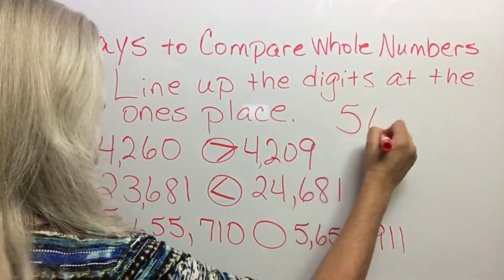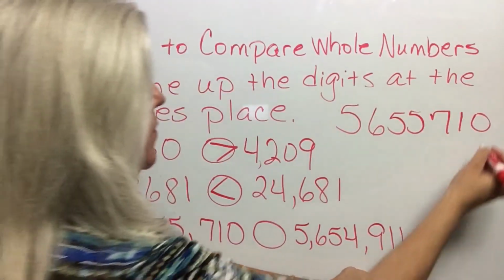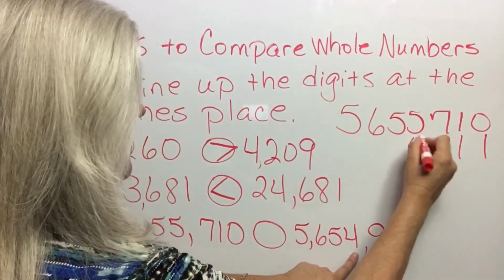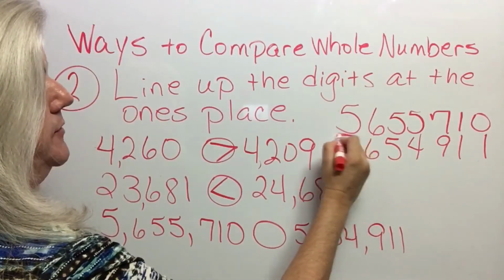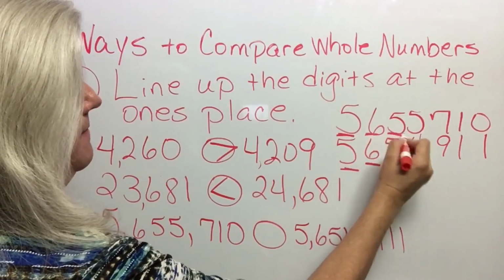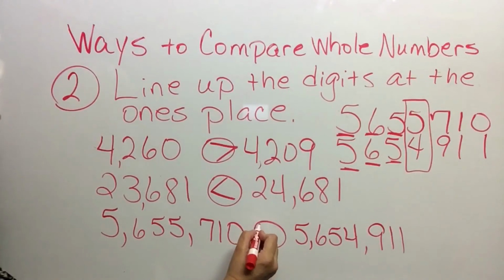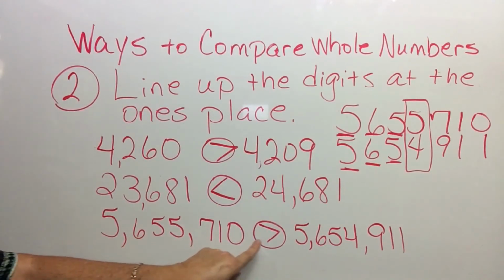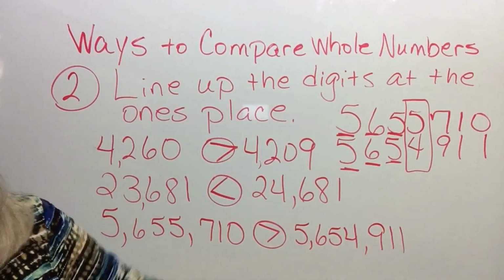So I'm going to write my two numbers, starting with the ones, 1, 1, 9, that's my ones period, then my thousands period. 5s are the same, 6 the same, 5 the same, but look right here. 5 is greater than 4. So 5,655,710 is greater than 5,654,911.